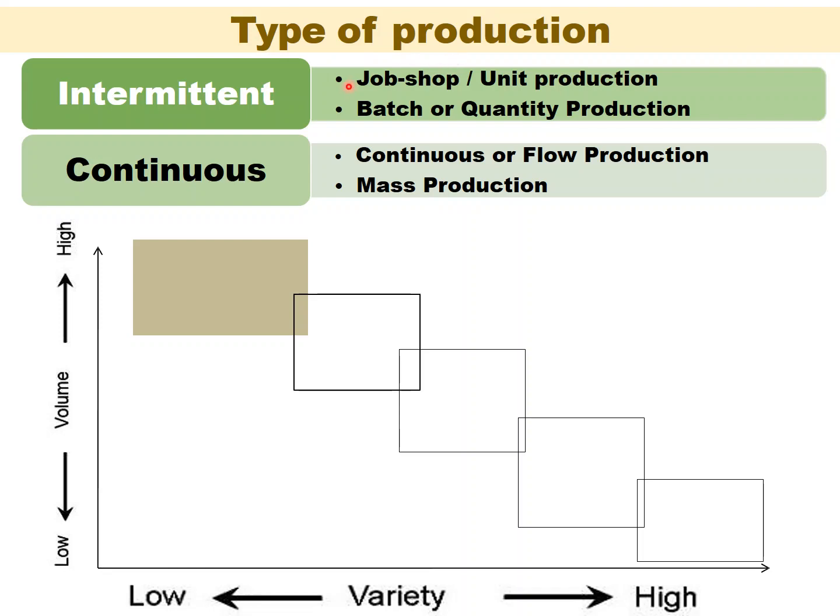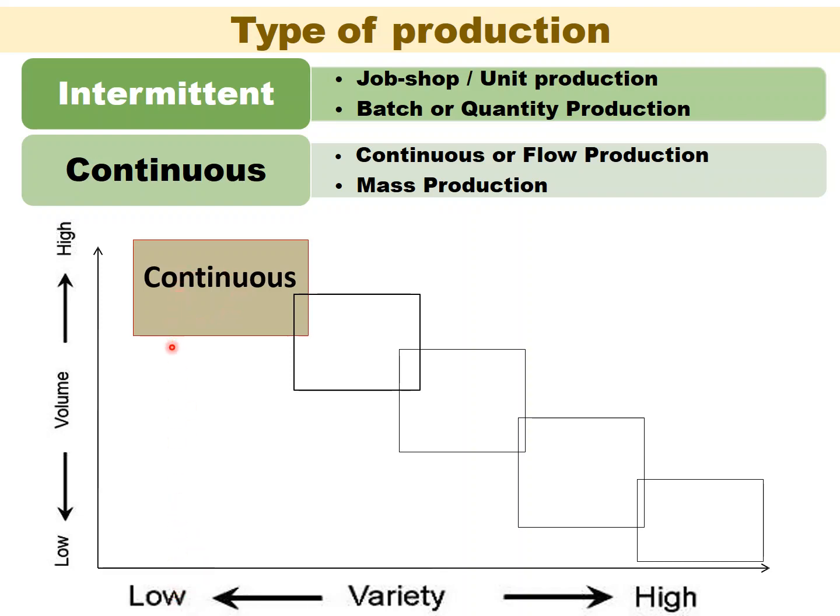Types of production: different types of productions include intermittent productions like job shop, unit production, or batch quantity production, batch-wise production, and continuous production, that is the mass flow production or mass production. The first one is continuous production.